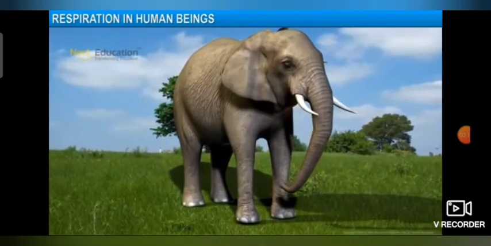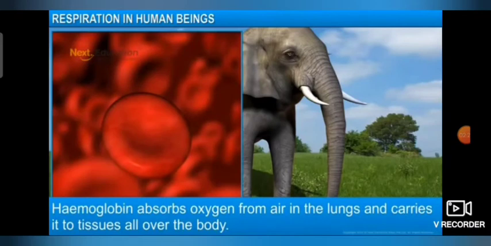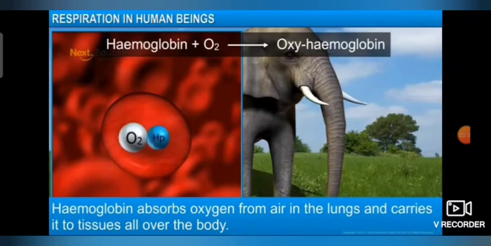In large animals like elephants, it is difficult for oxygen to reach all parts of the body through the diffusion procedure. So hemoglobin, a respiratory pigment present in RBC, has high affinity for oxygen. This pigment binds with oxygen from the air in the lungs and forms the oxyhemoglobin compound.